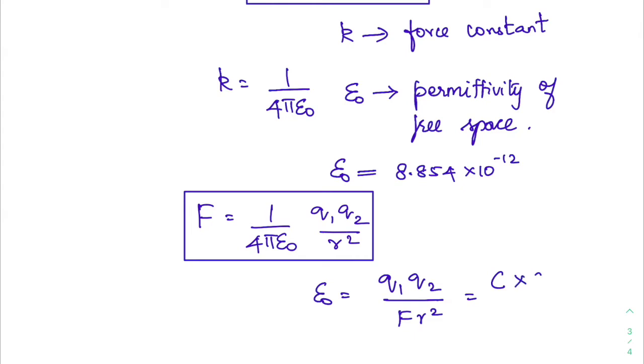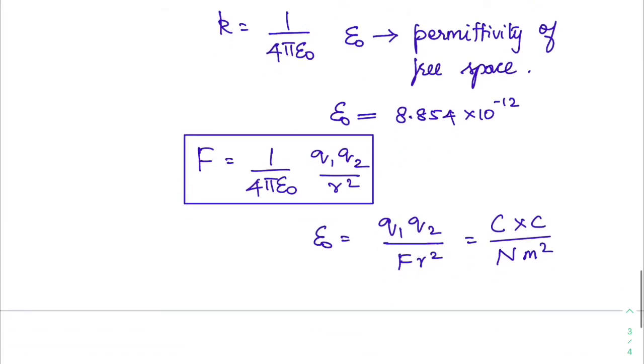So C into C divided by, then force has the unit Newton and the displacement always has meter, so meter square. So the unit of epsilon naught is given as C square N inverse m power minus 2.